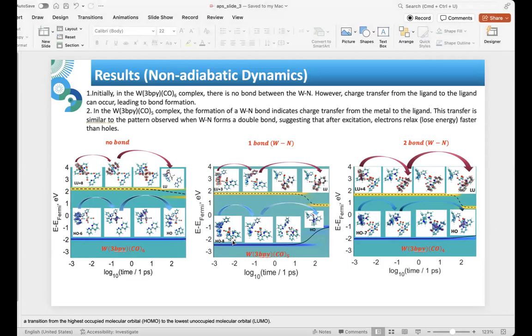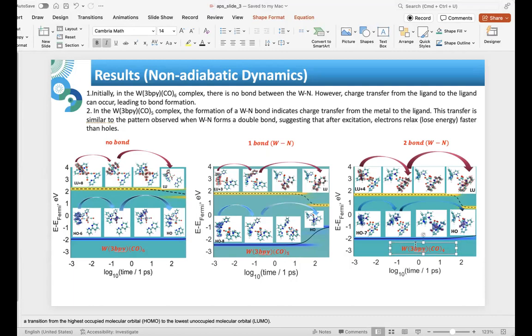The middle one is tungsten with 3 bipyridine with one bond between tungsten and nitrogen, and the third model has a double bond between tungsten and nitrogen.